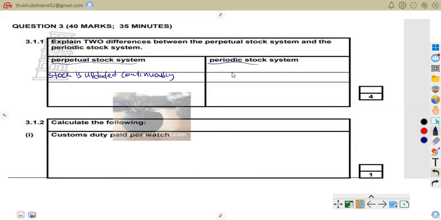But it is different when we come to a periodic stock system, because with periodic, stock is only known after a physical stock count.